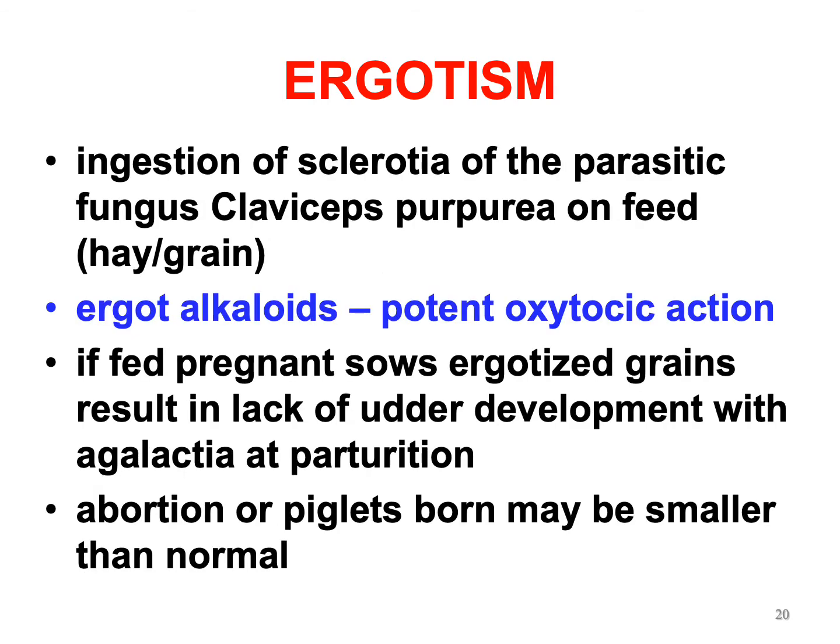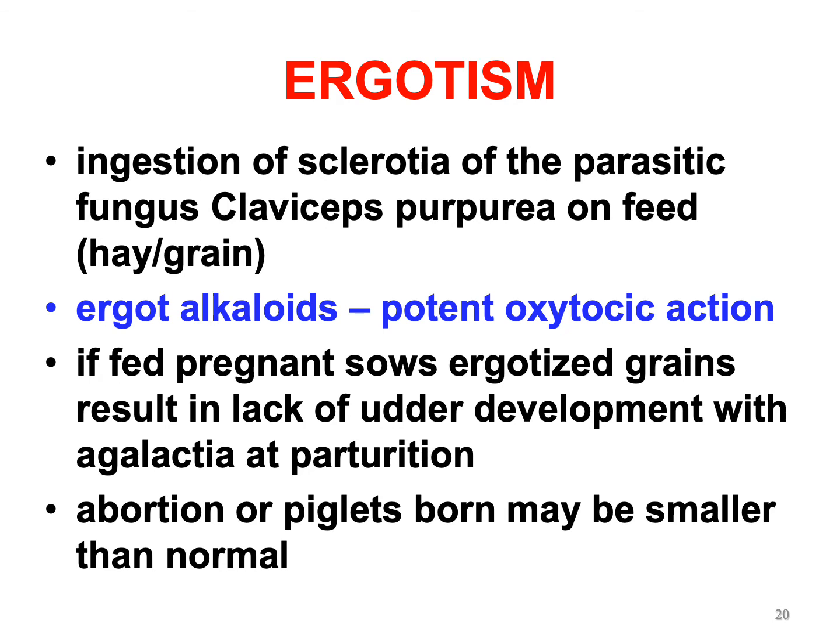The first, maybe the classical form, is ergotism, which is an intoxication after ingestion of sclerotia of the parasitic fungus Claviceps purpurea, which grows on feed, mostly on grain, but also on hay. They produce ergot alkaloids, which have a potent oxytocic-like action.